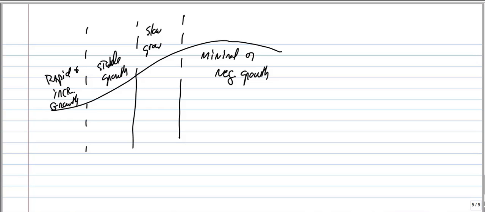The products become accepted. You move on into a stable growth at some point. I mean, we could be talking the span of 5 years. We could be talking the span of 20 years. Okay, depending upon the industry. Growth is going to slow, and then finally there's going to be minimal or negative growth.